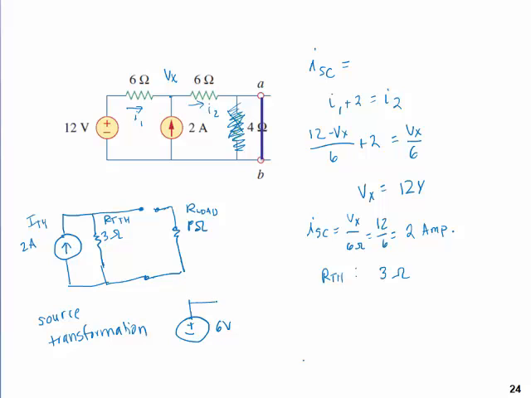And then the resistor now goes here. And lo and behold, it looks back to the same. This was the Thevenin circuit, and the equivalent is the Norton circuit. You get the Norton circuit by finding I short circuit. You get the Thevenin equivalent by finding V open circuit.